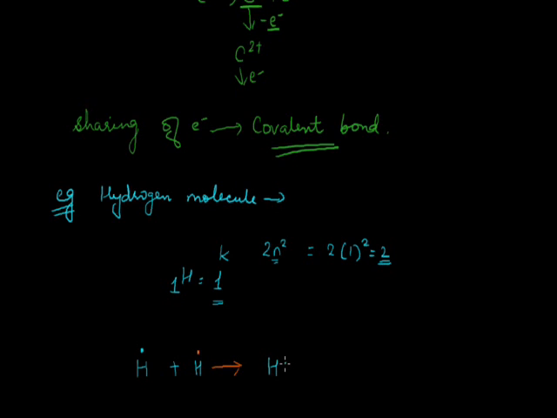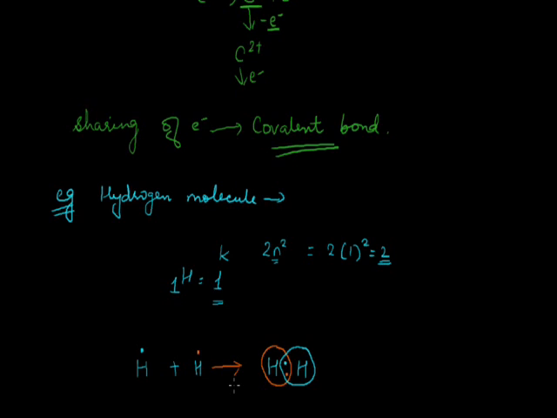This is one, this is the other electron. This hydrogen, its duplet is complete, it will be stable, and because this is equal, mutual sharing, the other hydrogen atom will also share 1 electron and its duplet will be complete.